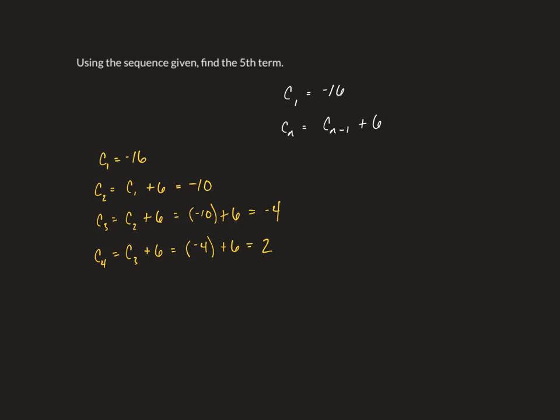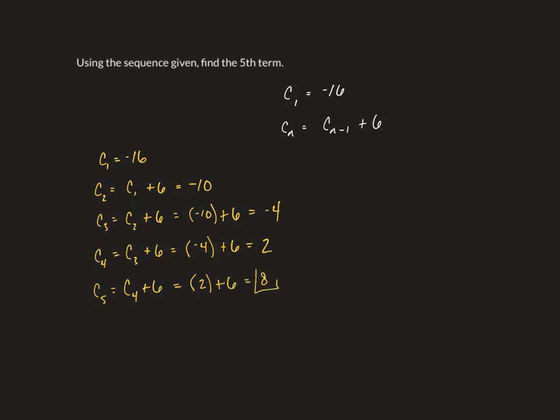And now I'm continuing to find the fifth term, which is what we were asked to find in the first place. So that means I have to take the fourth term, and the reason that that's the fourth term is because if n is 5, then C of n minus 1 is C of 4, because 5 minus 1 will be 4. Plus 6, and that's going to equal, well, the fourth term is 2, plus 6 is 8.